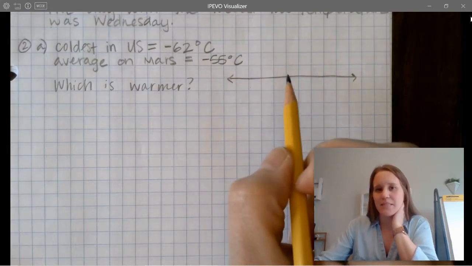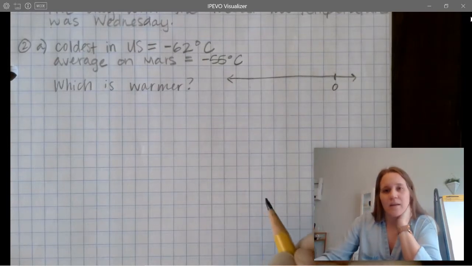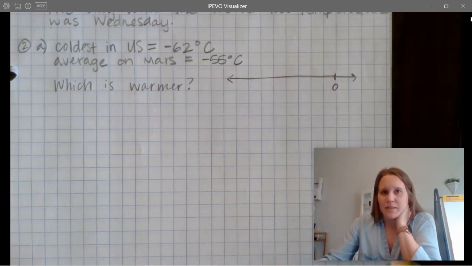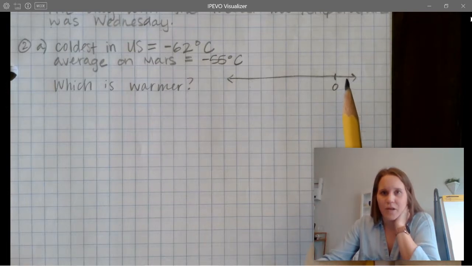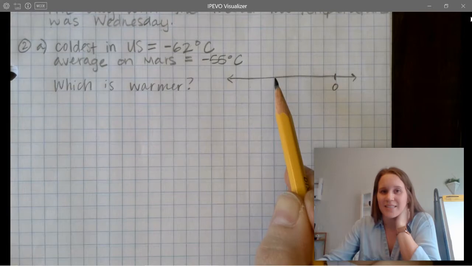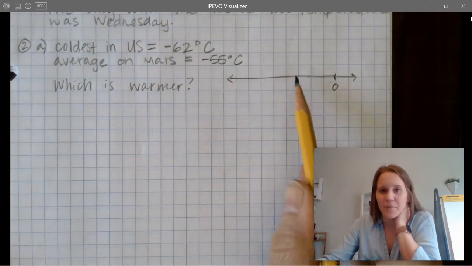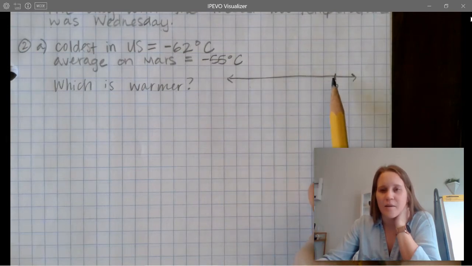So I'm actually going to put my 0 not in the middle, but over here. If you prefer to put 0 in the middle, that's totally fine, but we're not going to be labeling anything in the positives right now. Okay, so then I'm imagining I'm counting back, and I'm not going to draw 55 tick marks here because that seems like a lot of extra work that I don't need to be doing. But let's put, what number do you think would come first, closest to 0 along the number line?